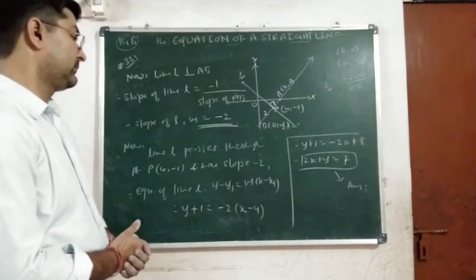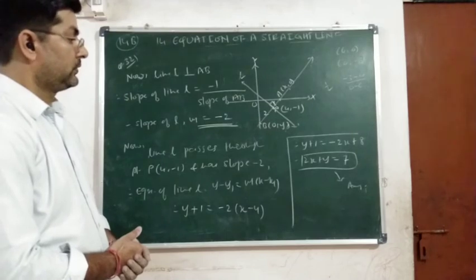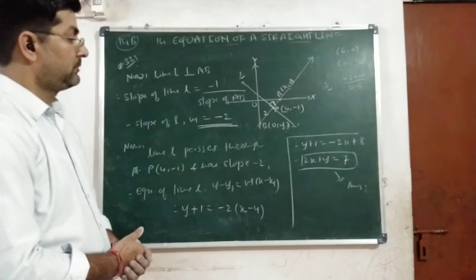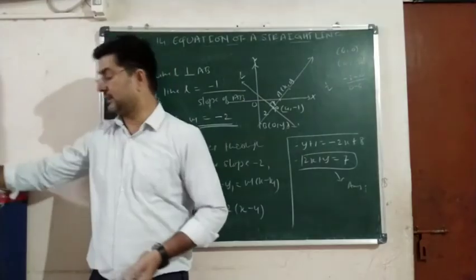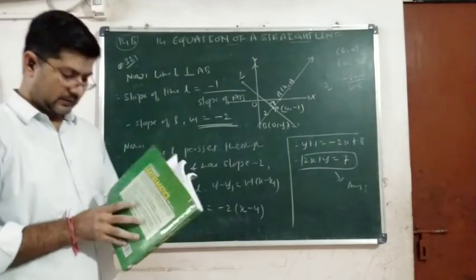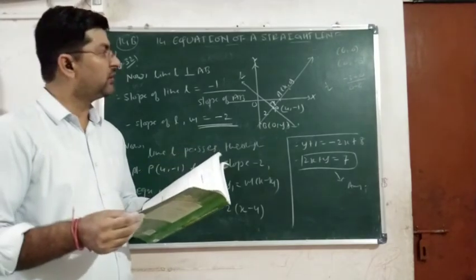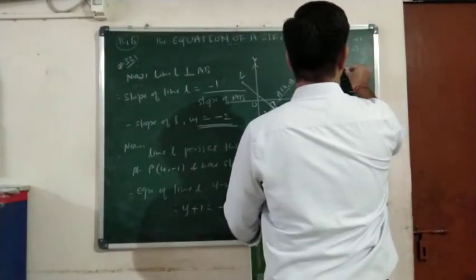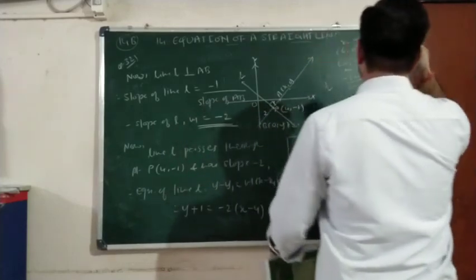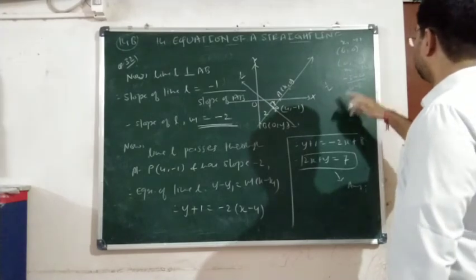So y plus 1 is equal to minus 2x plus 8, so 2x plus y is equal to 7. The answer is correct. Let us once again check. The coordinates of point A and B are 6, 0 and 0, minus 3. So this is x1, y1 and this is x2, y2. y2 minus y1 is minus 3 minus 0 and x2 minus x1 is 0 minus 6.